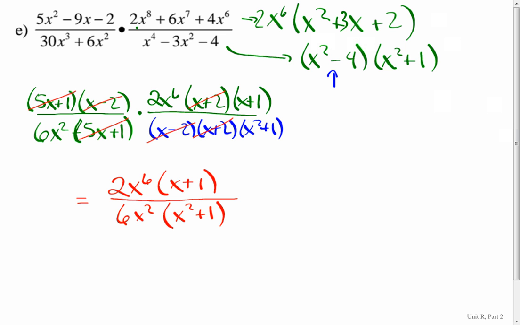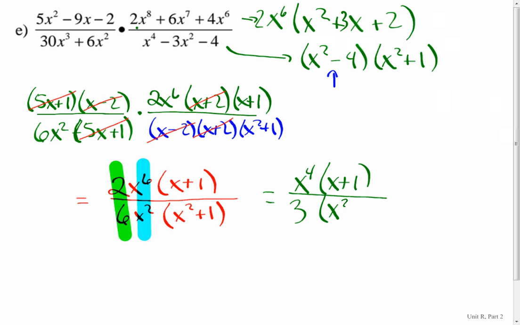But here, you can do this, because remember, if you've got monomials, I can simplify that one. Actually, let me get a bigger one. Highlight. I can simplify that, and I can also simplify this. So with that, 2 over 6 is going to leave a 3 on the bottom. X squared into x to the 6th is going to leave x to the 4th on top. And then I'm going to leave that from there.